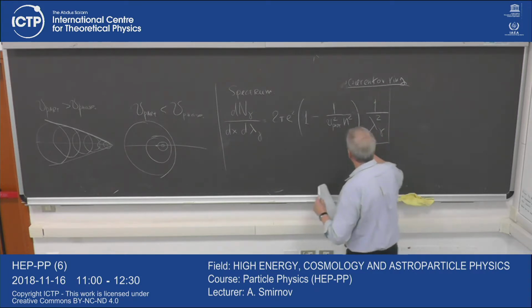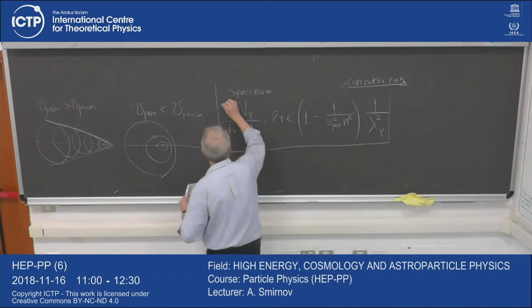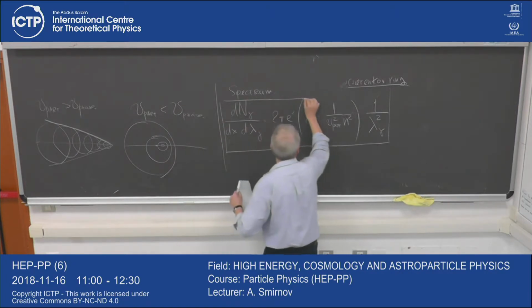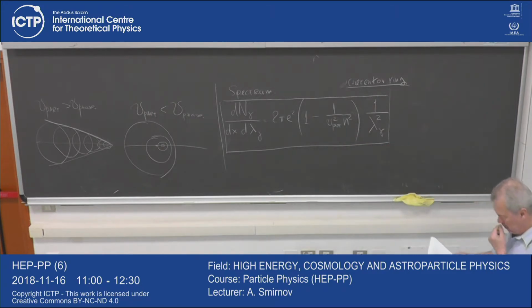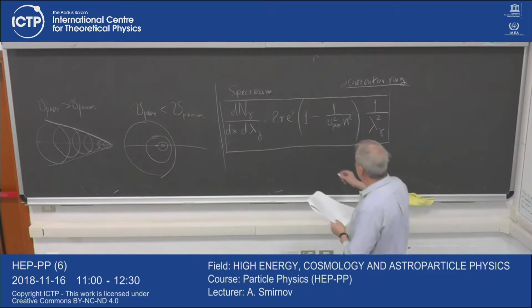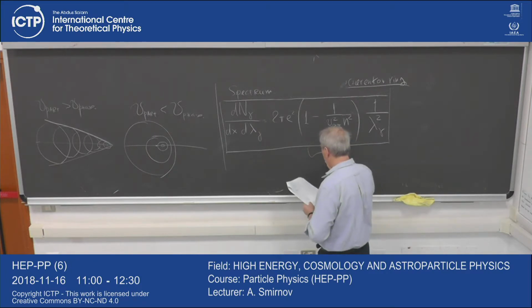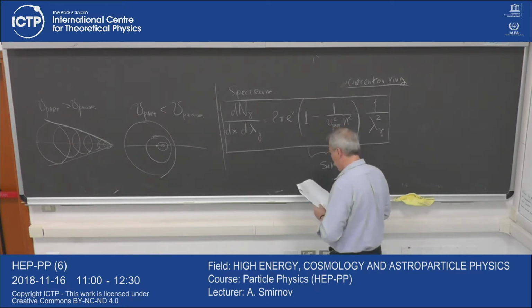So this is the energy spectrum of the photons emitted. What is staying here is actually sine squared theta Cherenkov.